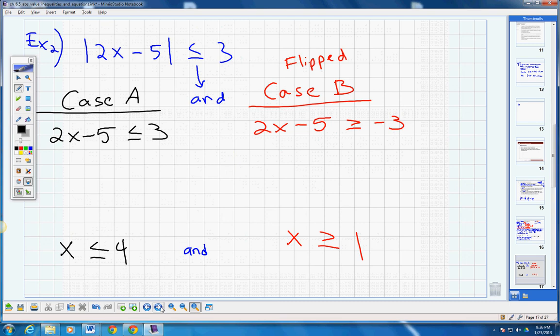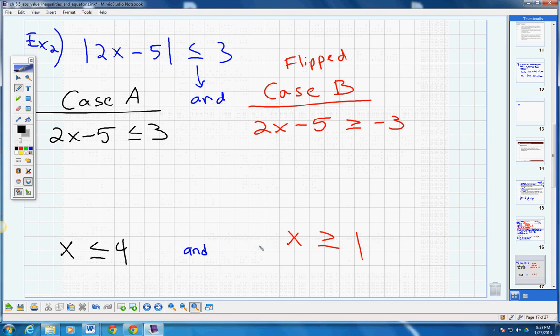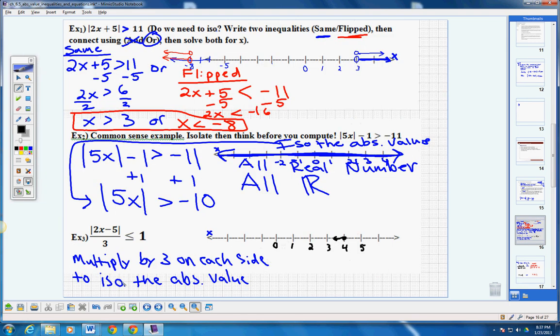Remember, I guess that would be the key word there. X is less than or equal to 4, which means I'm going to color in that 4. And I know that it's going to point this way. Now, I'm not going to take it out very far because I know, if I look back, that x is greater than or equal to 1. So x is greater than or equal to 1.